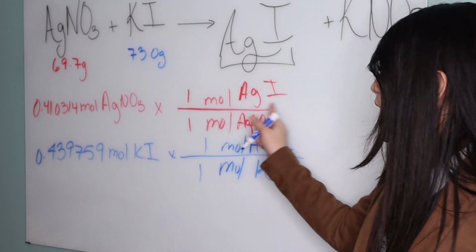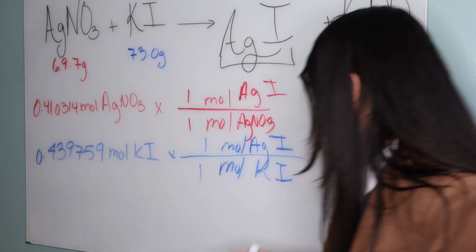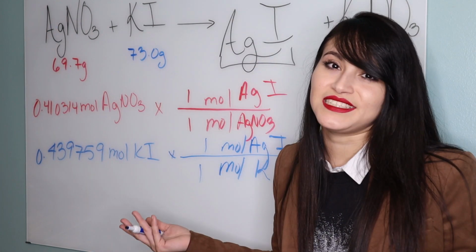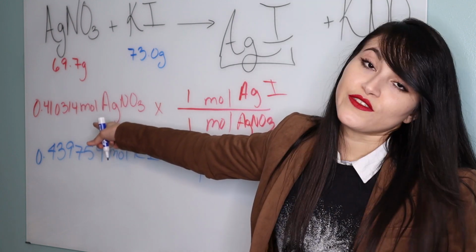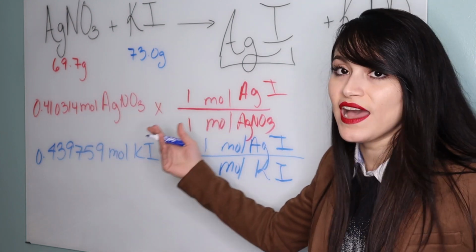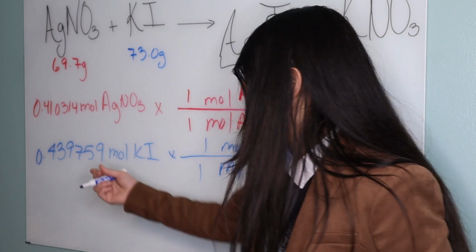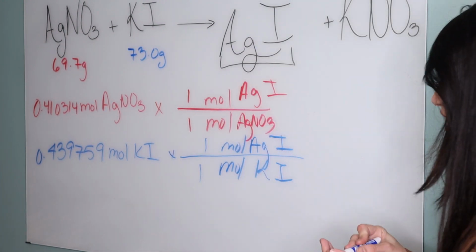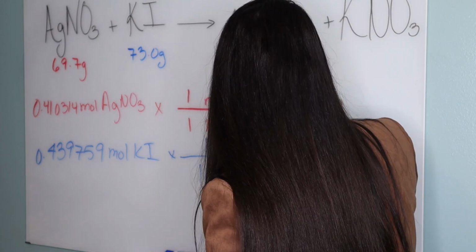Same situation that happened with silver nitrate, just 1 over there. So you don't even have to plug this into your calculator. It's just 0.410314 times 1, which is going to equal the same thing. And the same thing is happening over here. So technically our answer is going to be the same.